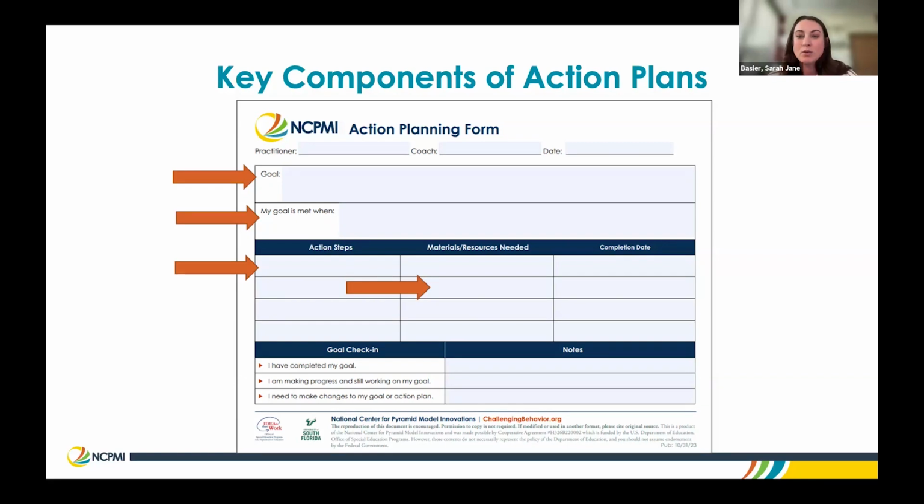Are there resources or materials that you need to make or review or put into place? And then we're going to set a target date for when we're going to try to achieve those goals. That's not meant to be a set in stone date.